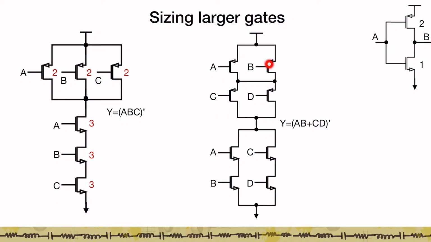The worst case pull-up is made up of 2 PMOSs connected in series, and hence the sizing of this gate is going to be such that we size all the NMOS transistors to be twice that of the inverter, and we size all the PMOS transistors to be twice that of the inverter. So this is going to be the sizing such that the worst case pull down resistance is equal to the worst case pull up resistance.